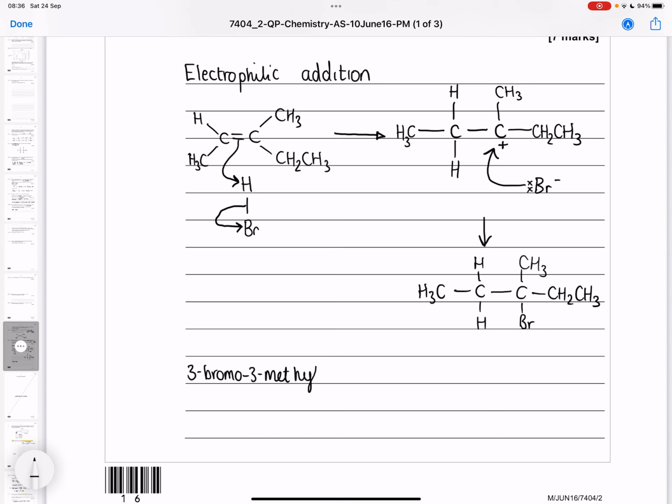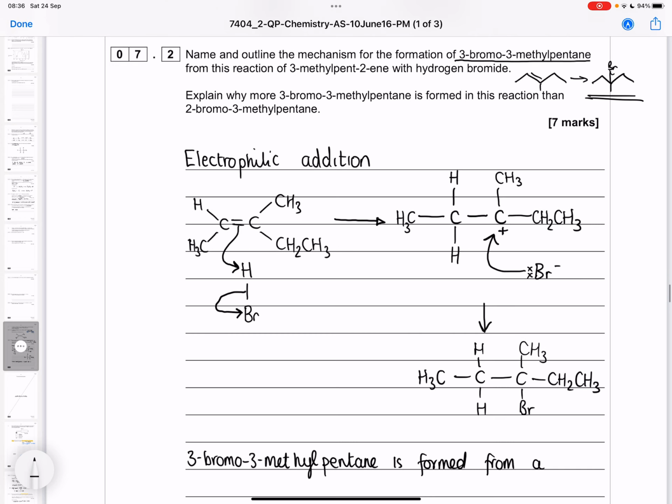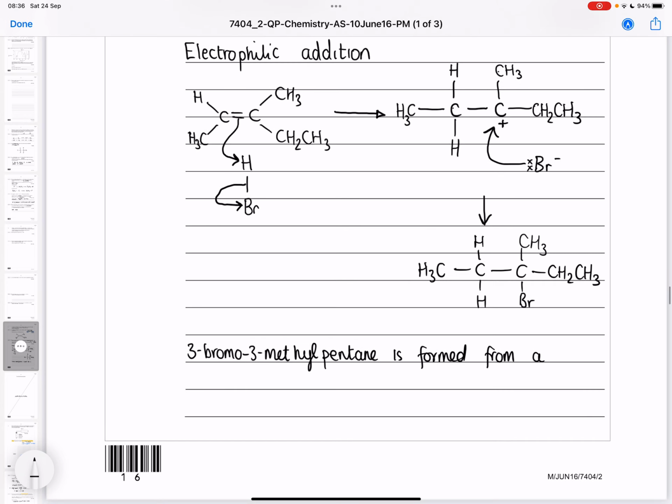And you must get your language correct here. 3-bromo-3-methyl-pentane is formed from, it isn't the carbocation, it's formed from a, here's the plus, 1, and it's got 1, 2, 3 C's attached. It's formed from a tertiary carbocation intermediate.